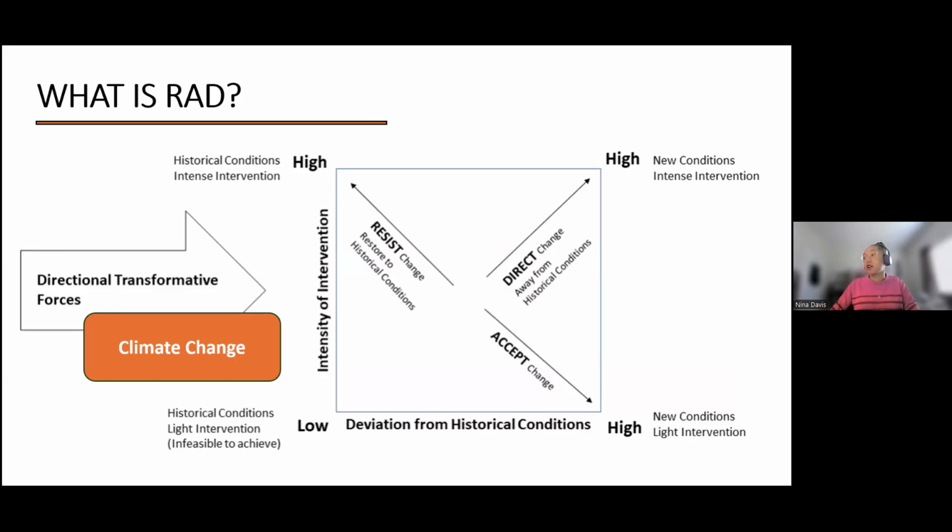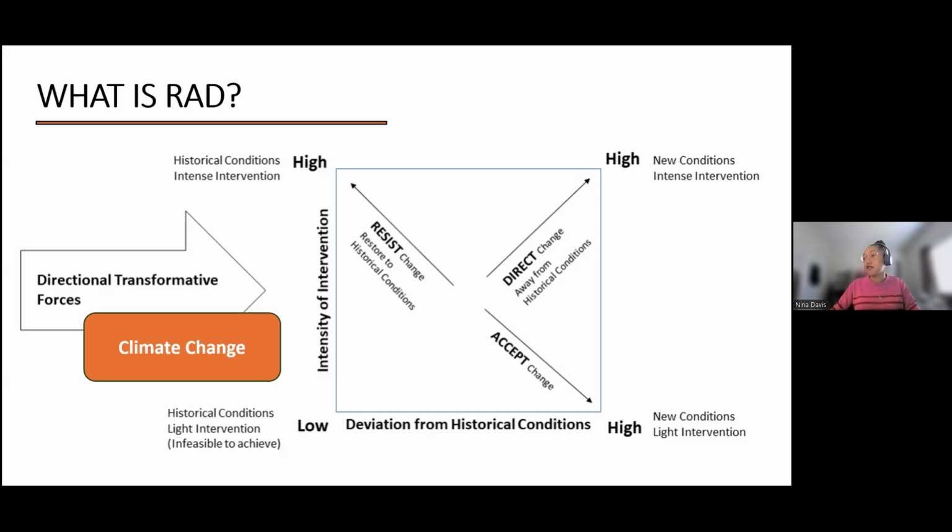Now, it's important to understand that RAD is not a spectrum where one action is simply between the others. Instead, each option differs in two dimensions. And those two dimensions are the intensity of intervention required and the deviation from historical conditions involved. So, taking a look at our diagram here, low deviation from historical conditions and high intervention might lead us to resist, working towards restoring or maintaining our historical conditions.